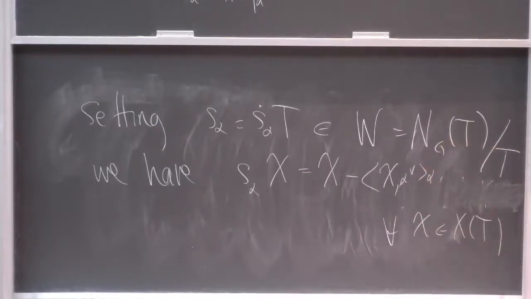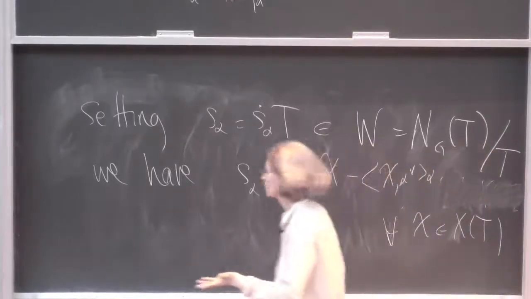Okay, so somehow this alpha check is a special coroot that's linked with my root alpha.